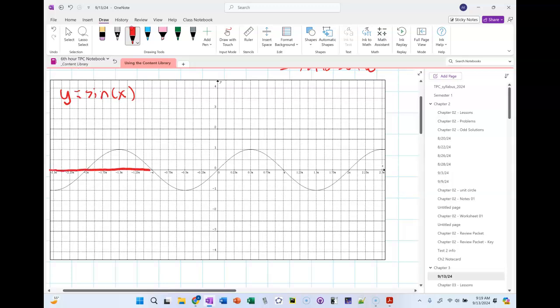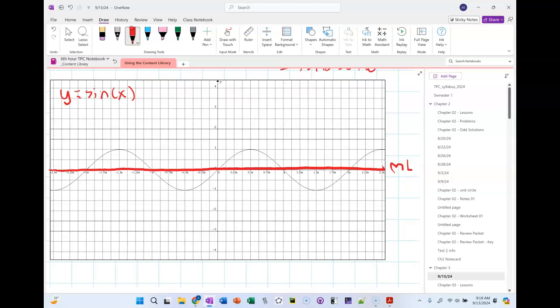So for the graph of sine, that would be our midline. So everybody look at that and be like, yeah, okay, sure, I see that. Did I do anything to figure that out? Just use my eyeballs, right? So everybody's okay with that?